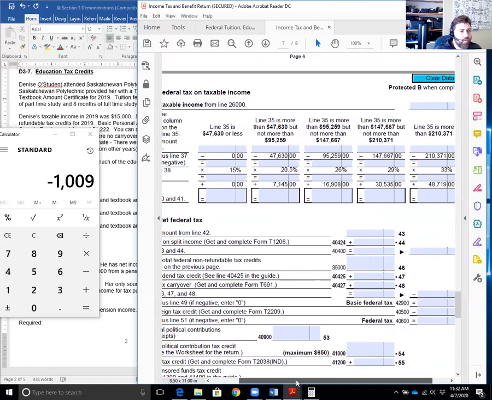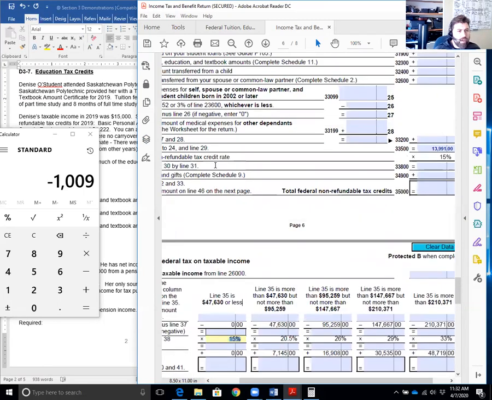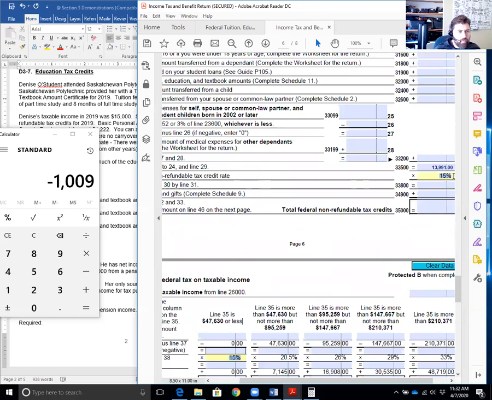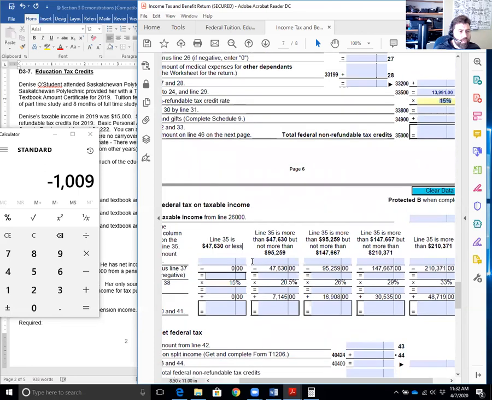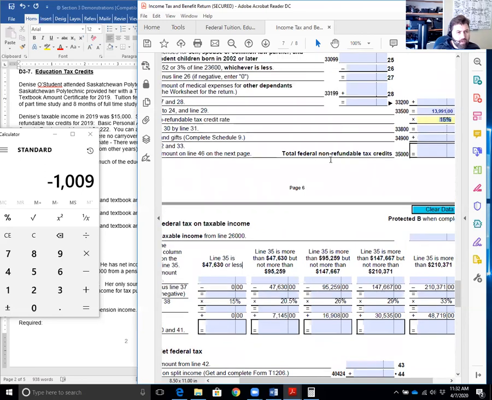The tax brackets are, this is the first tax bracket at 15%. And like I told you before, the tax credits are also 15%. So basically, what these tax credits do is reduce, if you had enough tax credits, your taxes payable to 0.